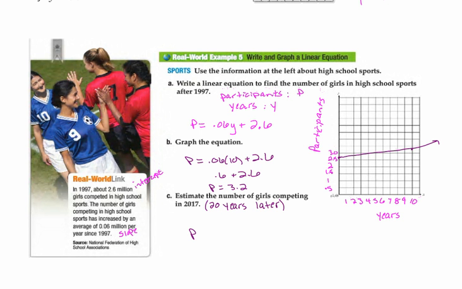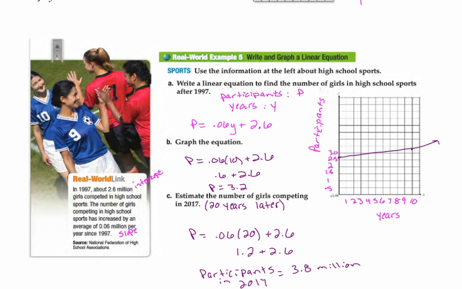So our participants are that 6/100ths. Now we're multiplying by 20 plus that 2.6. So we have 1.2 plus 2.6. So participants in 2017 is going to be 3.8 million.